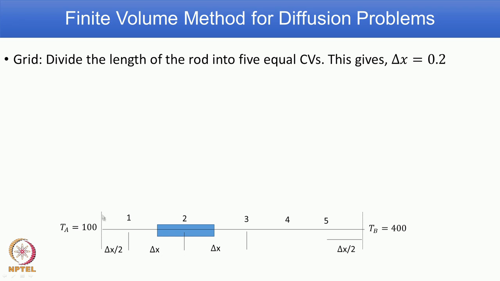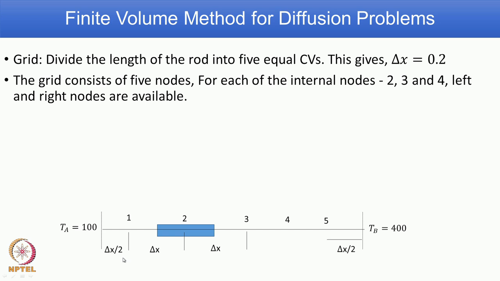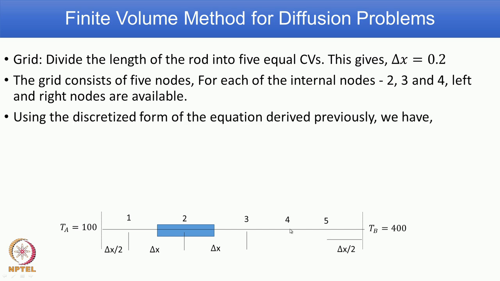For node 1 and node 5, which are near the boundary, because it is equal spacing, we have delta x by 2 as the distance between node and the boundary. So, in this case the distance between node 1 and the left boundary is delta x by 2. So, we identify 2, 3, 4 as internal nodes, and 1 and 5 as boundary nodes.